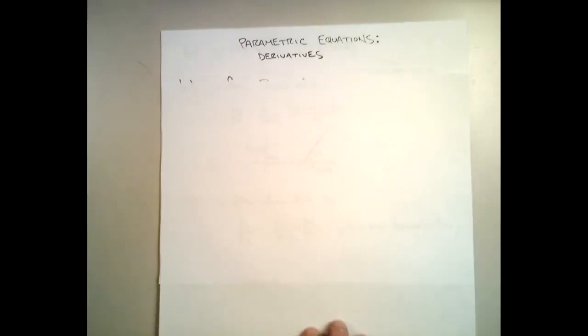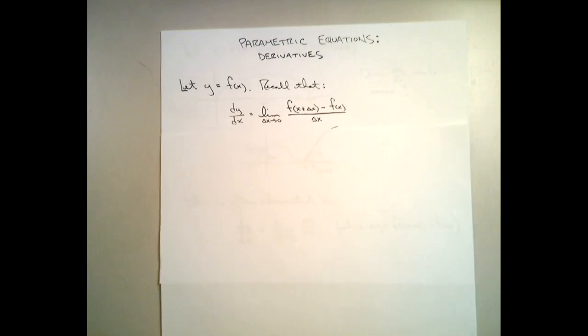To begin, I'd like to just remind ourselves what a derivative is. By definition, a derivative is the limit of this quotient, this idea of y values changing as corresponding x values change.